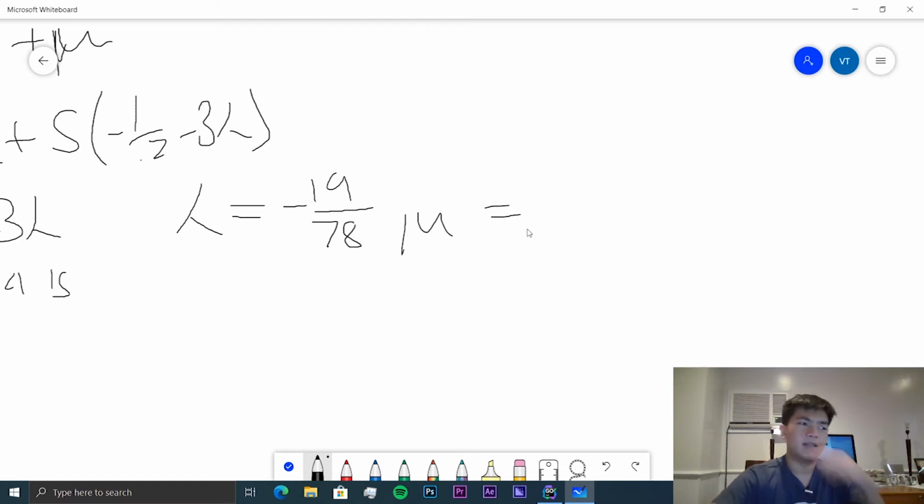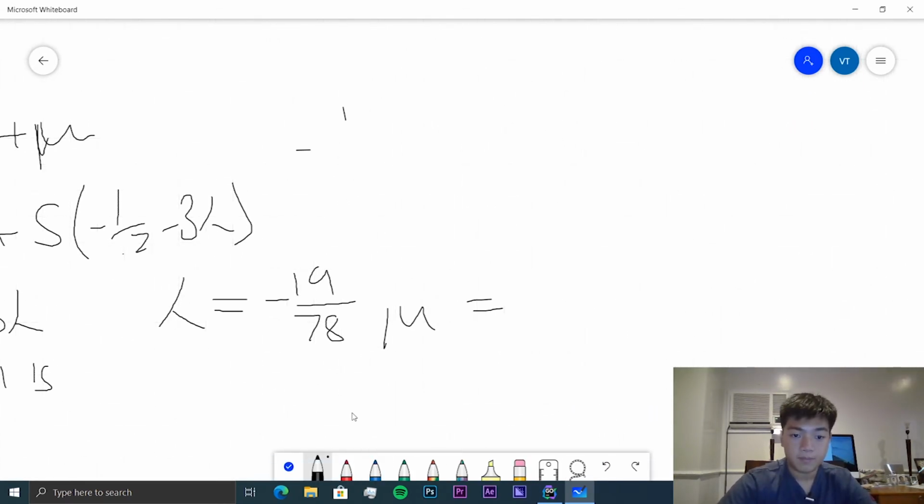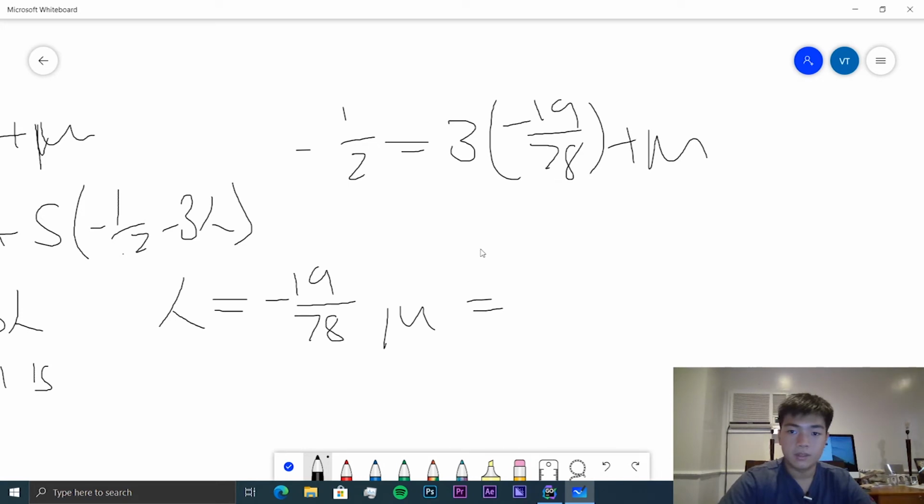And then mu: negative 1/2 is equal to 3 times negative 19 over 78 plus mu. So how do we express this in terms of over 78?